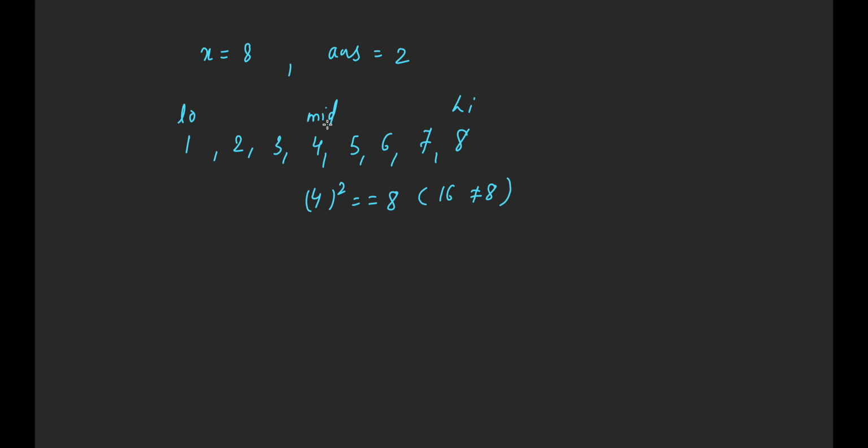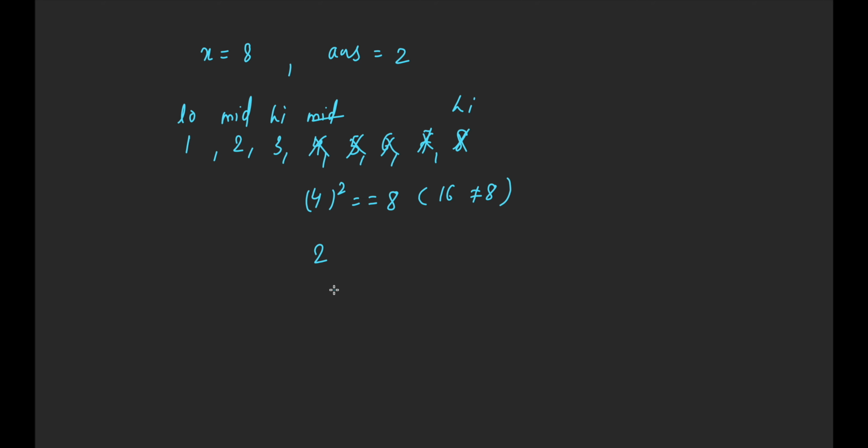So the elements towards the high from the mid are discarded. So 5, 6, 7, 8, and also the current mid element will be discarded. High comes here, and we again find the mid element. So mid element comes here. Okay. Now the mid element is 2.